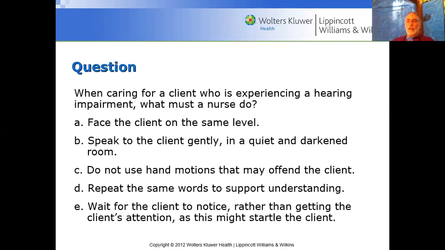Do we keep a very rigid posture? Don't use any hand motions or any facial expressions? Okay. Do we just keep repeating the same word over and over? Or do we wait for them to notice rather than getting their attention?